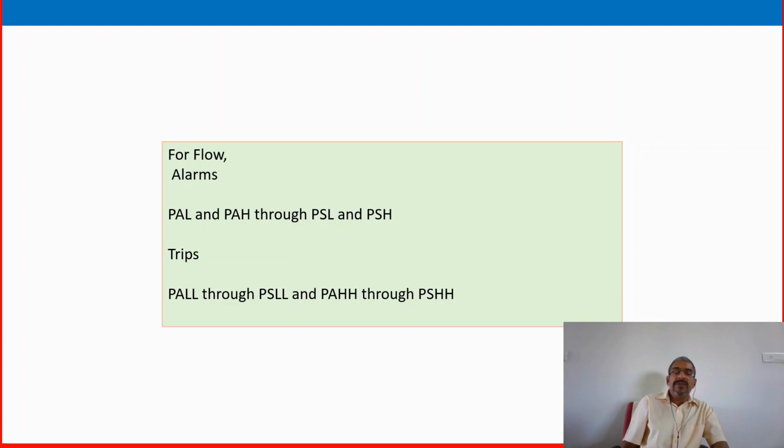If you get a chance to visit the field in your operating plant, go near the equipment and find out, or read the P&ID properly to find this type of notation, and go to the field and understand where the pressure switch low and pressure switch high are physically located and how they look. Moreover, look at temperature switches or level switches, this type of switch, and what the set point of these switches is, in what percentage or unit it is activated, and once it is activated, where the audible and visual alarms are coming.